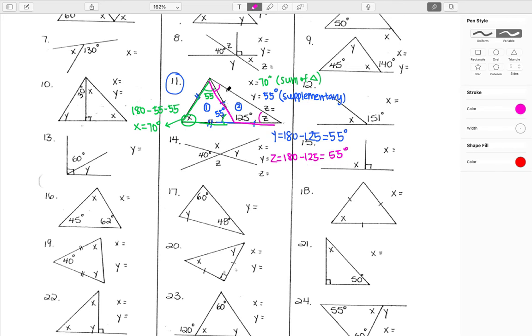But keep in mind, z and this angle are exactly the same. Because we have exactly the same angle, and two of them, we're going to divide by 2. That will give me 27.5 degrees, and the reason is the sum of a triangle. Or you could write isosceles triangle. Okay.